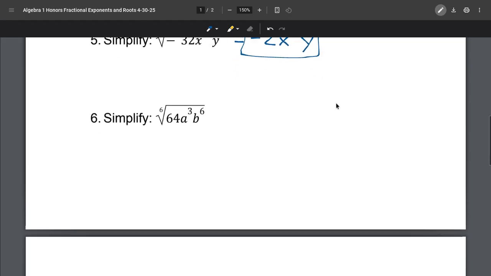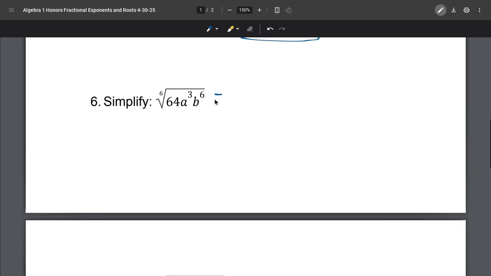Okay, in this next problem, we have the 6th root of 64a cubed b to the 6th. So this 6th root of 64 is 2. Why is that? Well, if we take 6 2's and multiply them together, we are going to get 64.